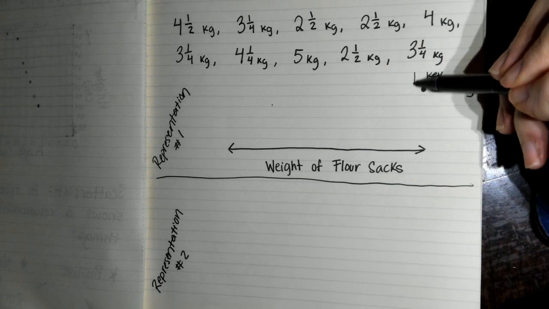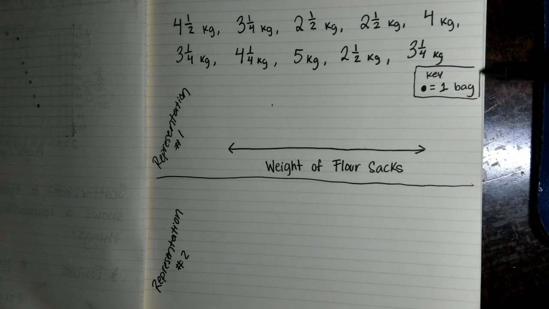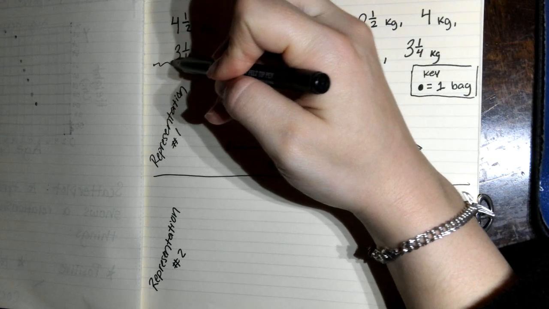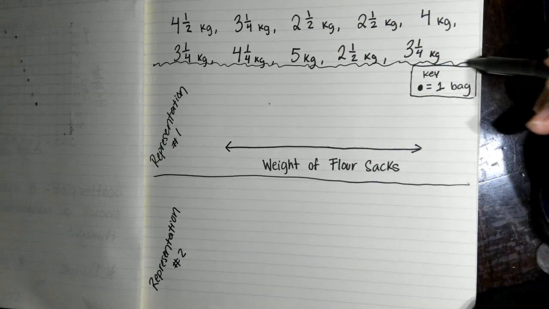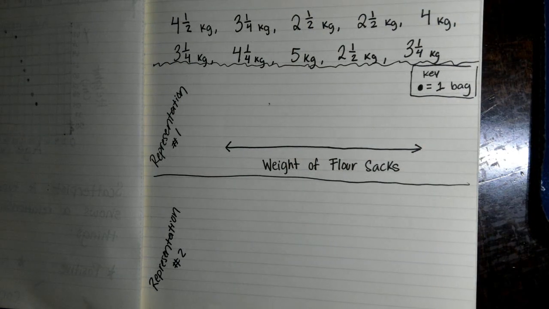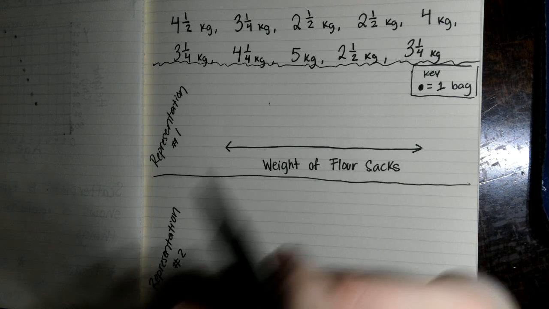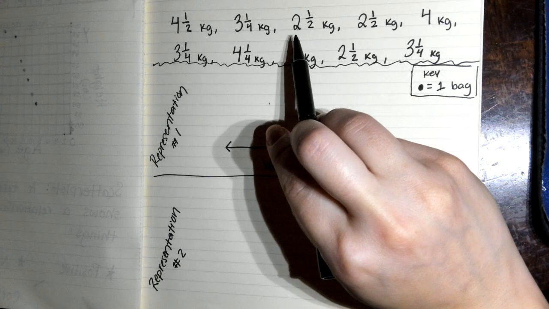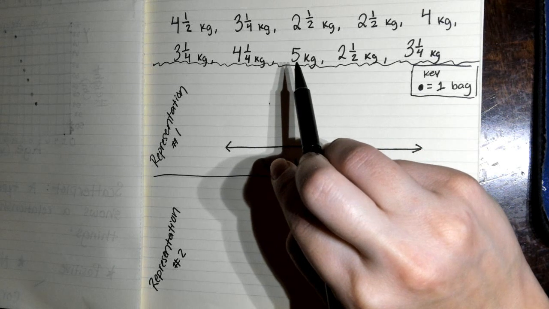Sometimes we put our keys in little boxes too so that we can easily see them. I might separate my data from this graph that I'm making. And let's see where we need to start. So we need a range here. We need to start definitely below 2.5, so maybe around 2, and we need to go all the way up until 5.